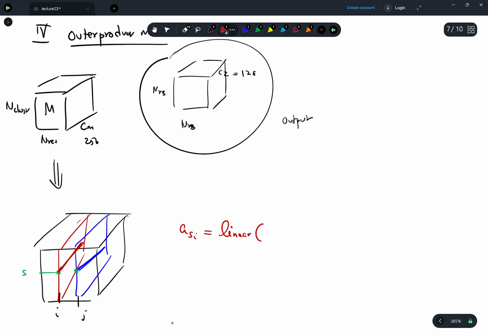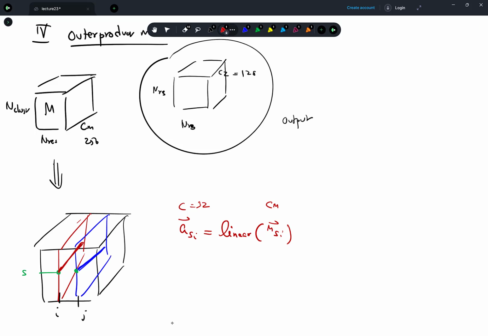And this will basically map from Cm to a different dimension, C. What they do is they make C equal to 32. So this outer product is not happening in a 128-dimensional space, it's happening in 32-dimensional space. So I'm first of all projecting each of these vectors.